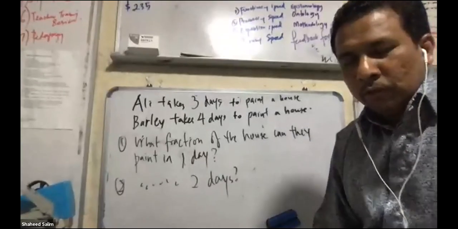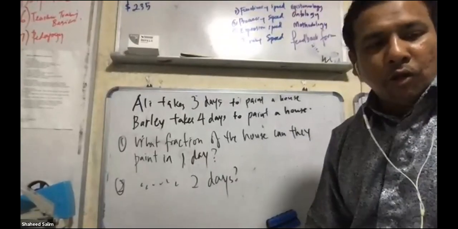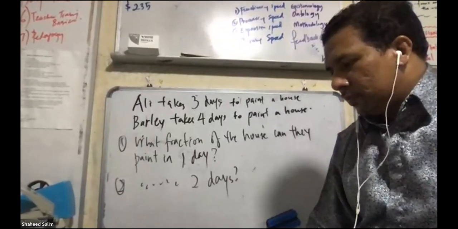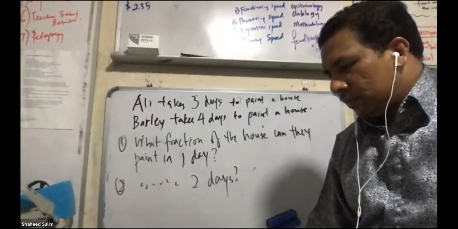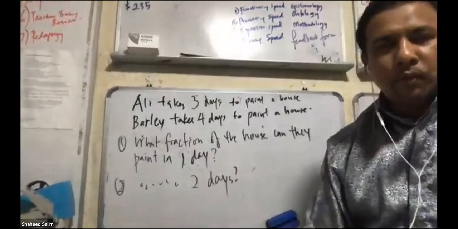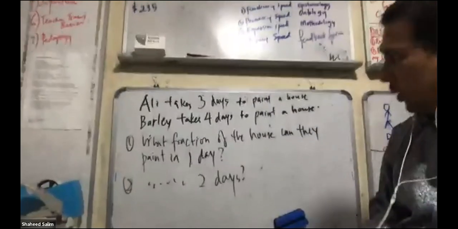Okay, good. Number 2? It is more than one house, but what's the fraction? 1/6. 1/6, 7/12, 7/12. Yeah, correct. 1/6.